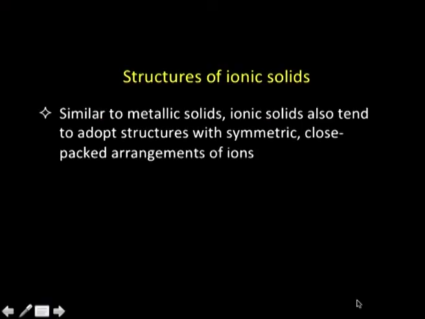Now let us move further and come down to the structure of ionic solids. What you find is that, similar to metallic solids, even ionic solids tend to adopt structures with symmetric close-pack arrangements of ions. In metallic solids, we had atoms packing together, and in ionic solids, we have ions in place of that. When you try to pack ions, there are 2 things which become different.